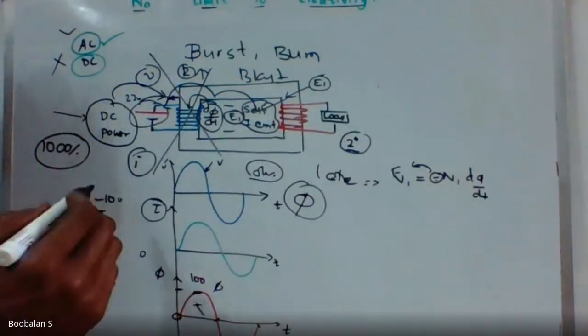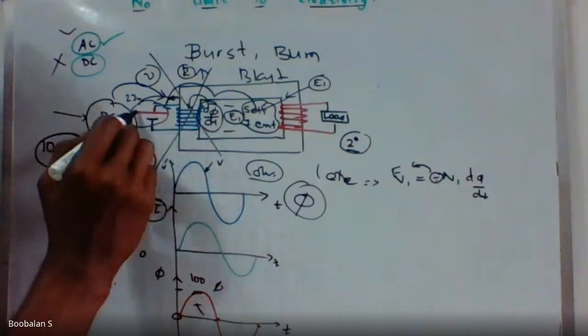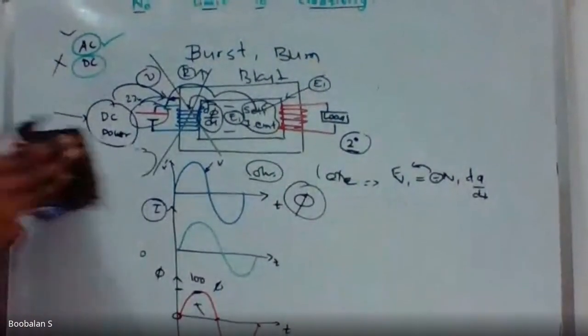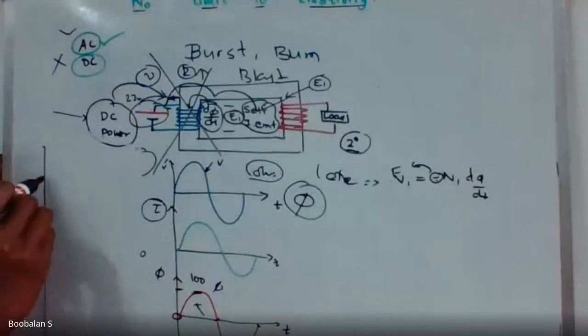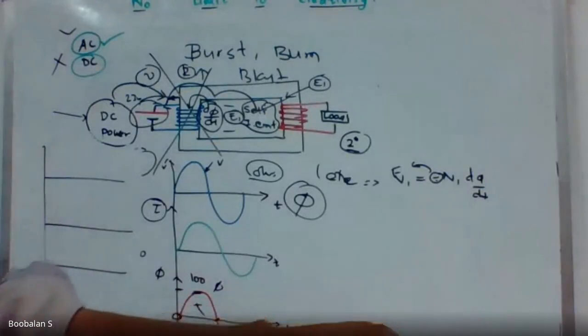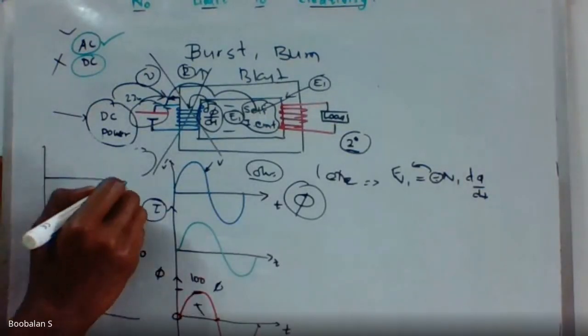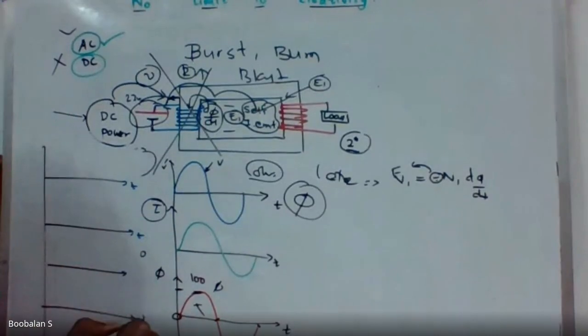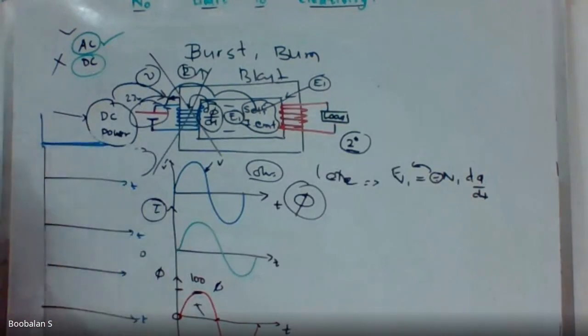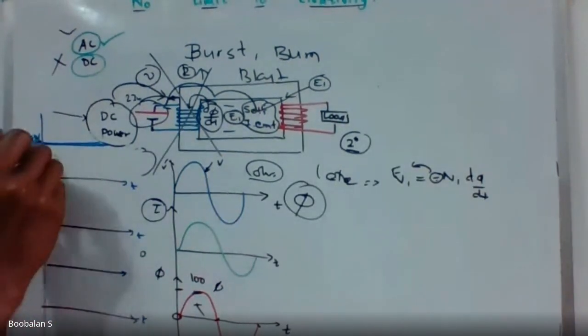But if you are having a DC power source instead, what is going to happen? See, for example, a DC source is a continuous electrical power supply. It is going to be a continuous power source, right? I am just going to write from somewhere here. If I am having a DC source, what is going to happen? If you look at the voltage, the voltage will be like this. So the input voltage will be like this, and this is the time axis. In a DC source there will be voltage and there will be current. The DC voltage will be a constant voltage, for example 100 volts DC.